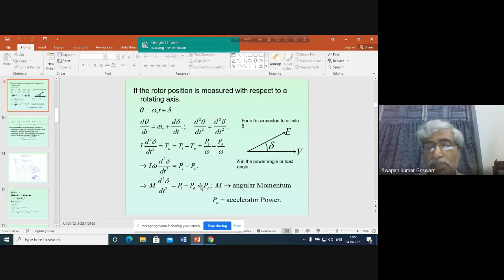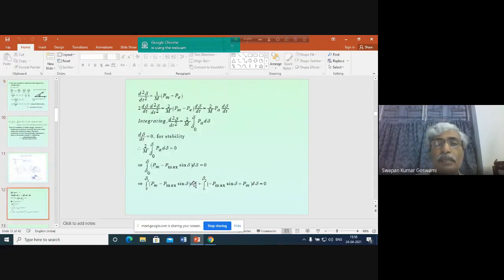Let us rewrite this equation here. d2 delta dt2 equal to 1 upon M into Pm minus Pe. Pm is the mechanical power input. This was Pi previously written, now it is Pm. Mechanical power input, electrical power output. Now let us integrate to find out the delta value.